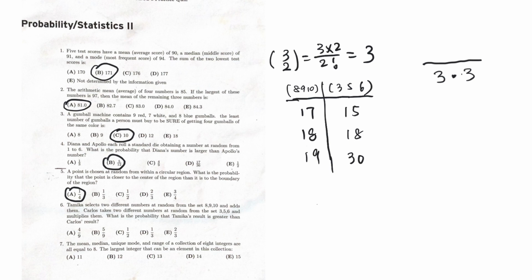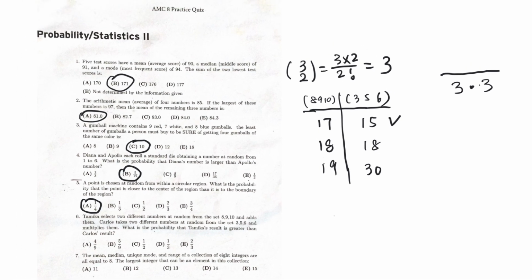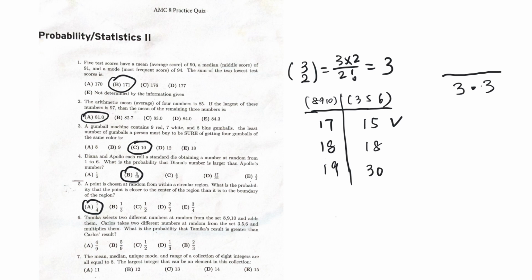So what are the possible answers where the sum is greater than the product? If this is 17, this is 15, that's definitely greater than the second. If 18, the only possible is 15, 18 does not work.